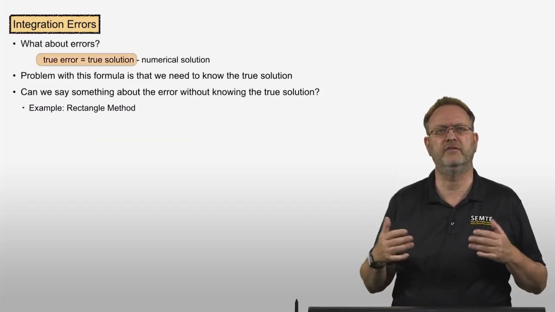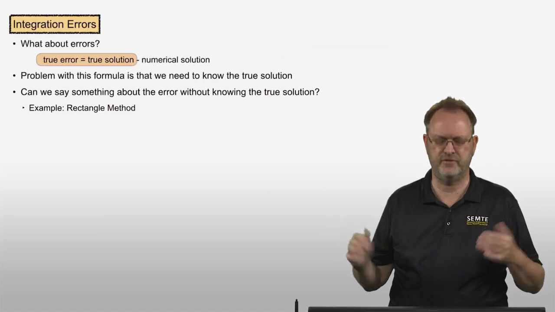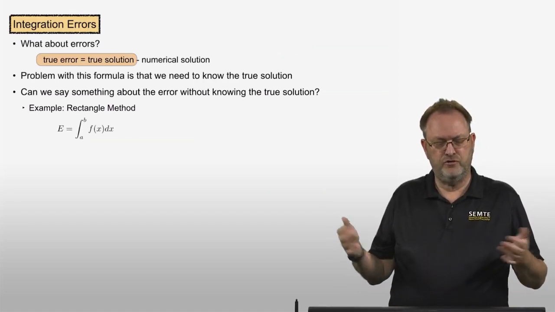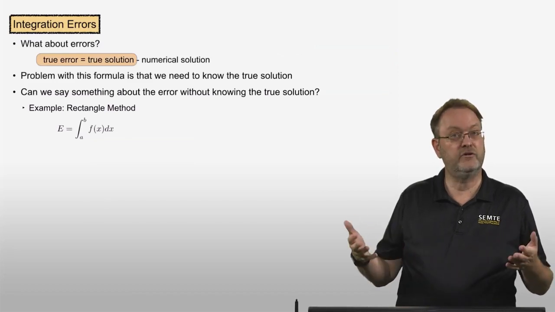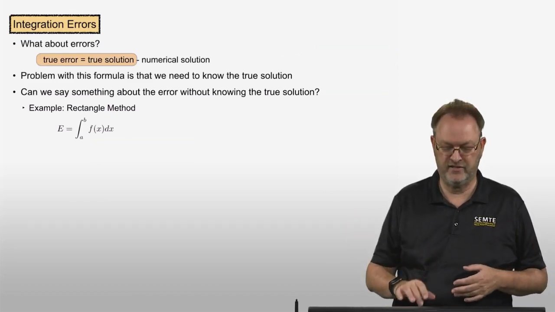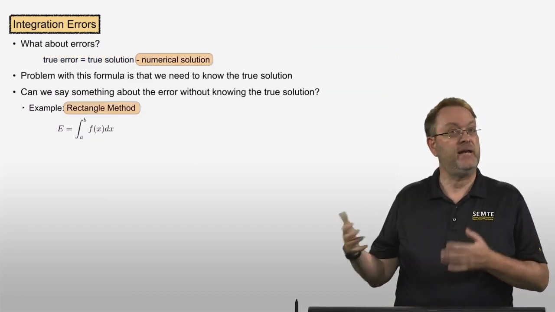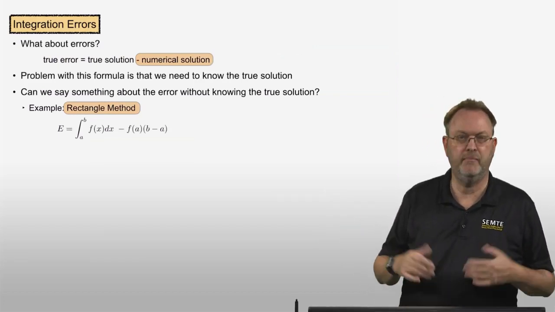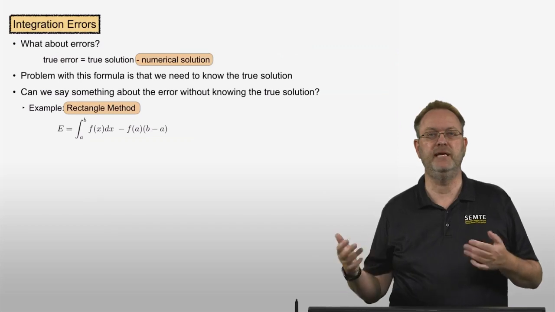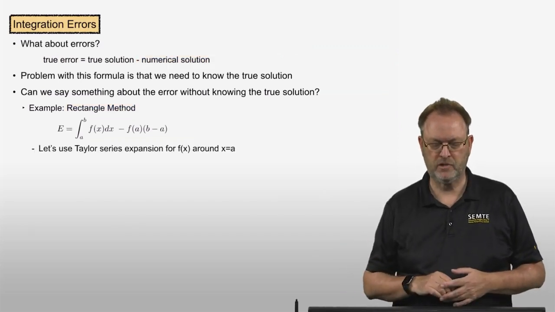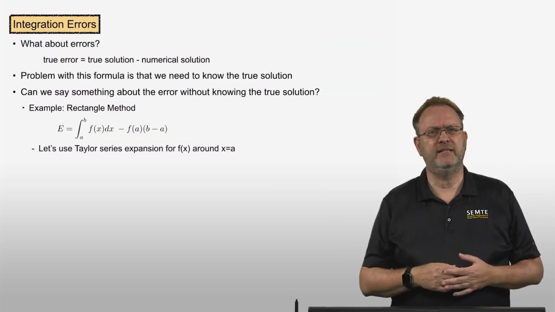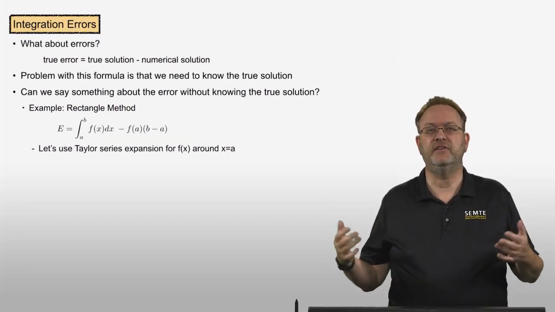Okay, so I know that the true error is the true solution minus the numerical solution. And so the true solution would be the integral from a to b of f of x dx minus the numerical solution. And if I use the rectangle method, that would be minus f of a times b minus a. Now I don't know what that integral really is, but let me use the Taylor series trick.